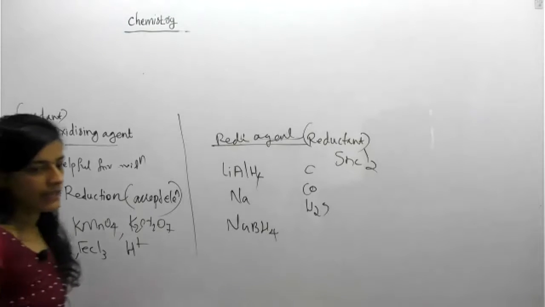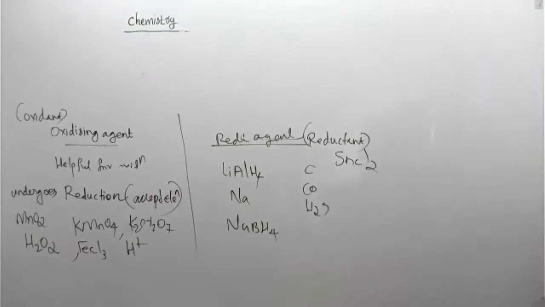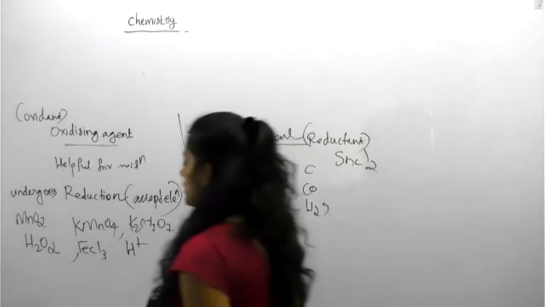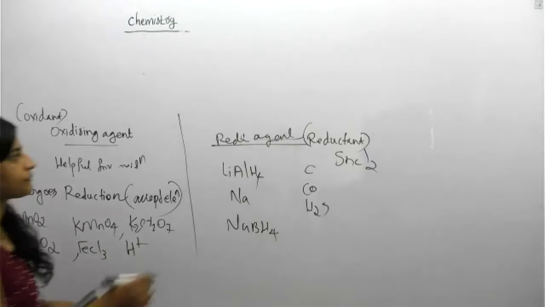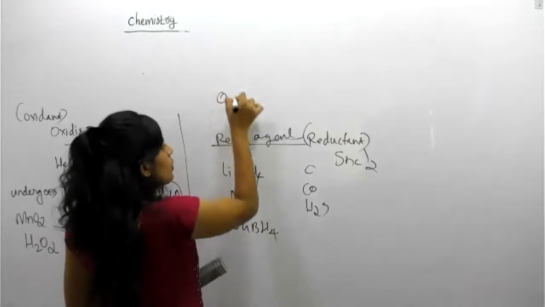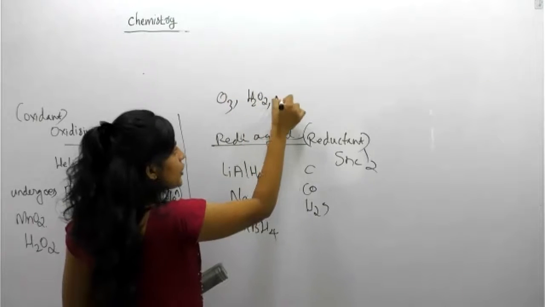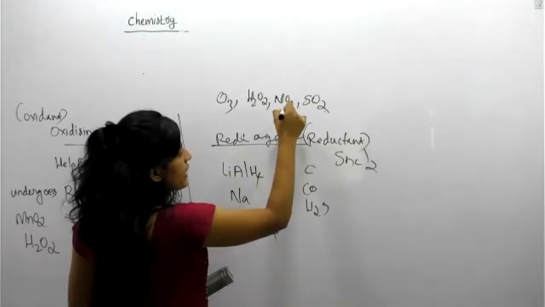Ammonia is also a good reducing agent. Good, Sayali. Then some other reagents are helpful for both oxidation and reduction, like O3, ozone, H2O2, hydrogen peroxide, NO2, SO2, sulfur dioxide, nitrogen dioxide.